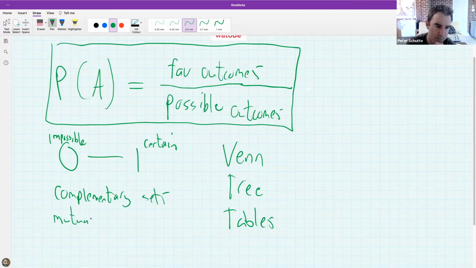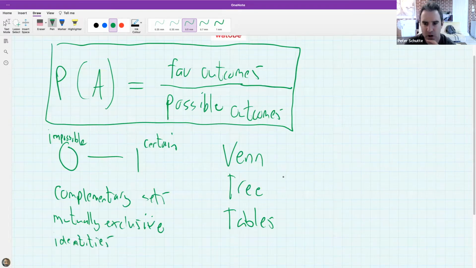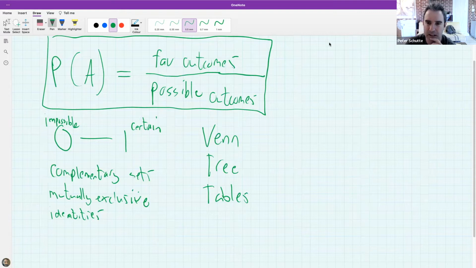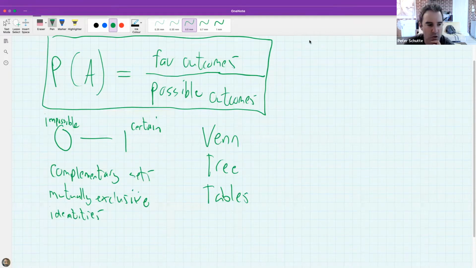I don't think we spoke about it, but what it means to be mutually exclusive. And then also some identities for probability. Does anybody remember any identities or things they want to share before we get going? Some important identities that we need to use in probability? Just kind of fishing for what you guys know and what you don't.